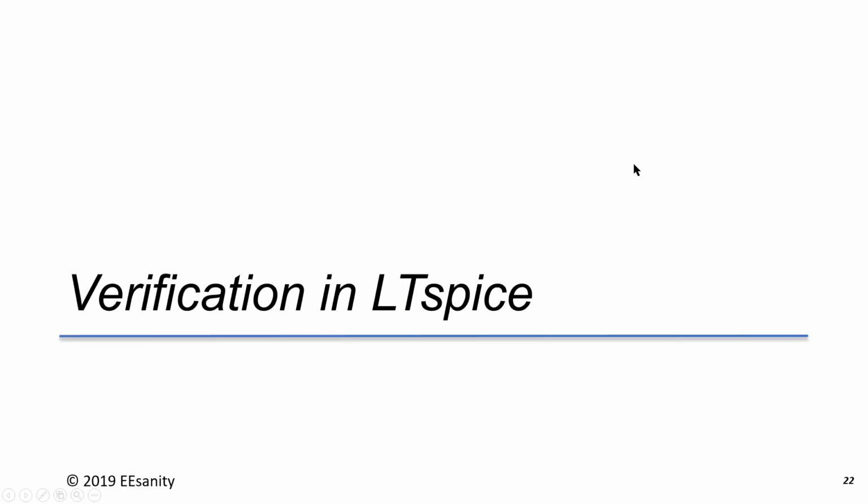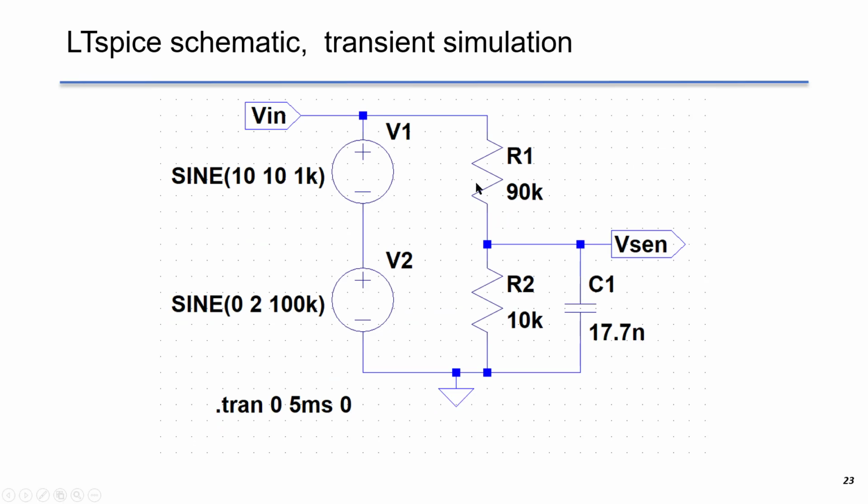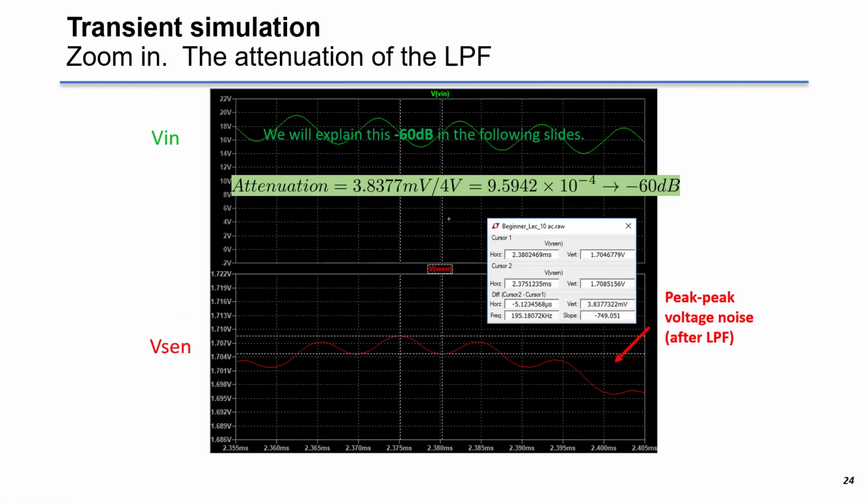Further verification in LTspice. This is the schematic in LTspice. We put C1 here. We run the transient simulation and we zoom in. We compare the input and output peak-to-peak voltage, which corresponds to the 100 kHz noise.